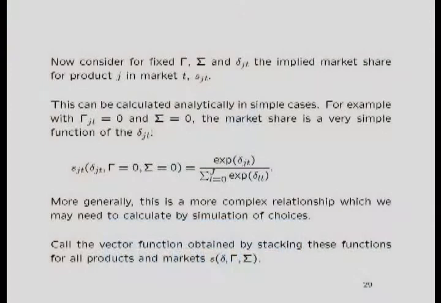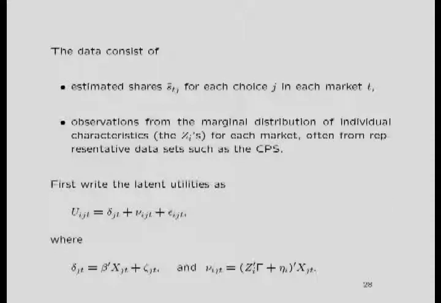So now, how do you go about estimating this? Suppose we know all these parameters. So we know gamma, sigma, and we know the delta JTs. Then we can figure out what that would imply for the market share for a particular product. How could you do that?